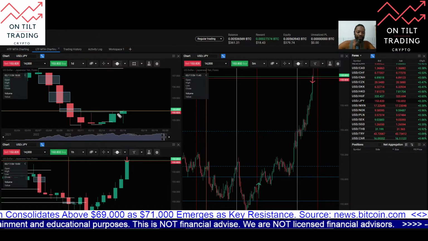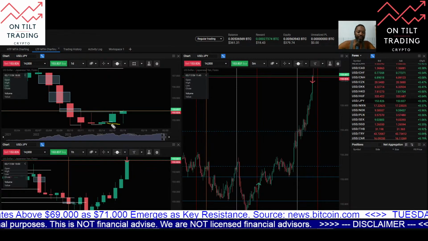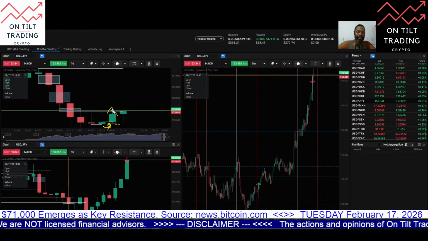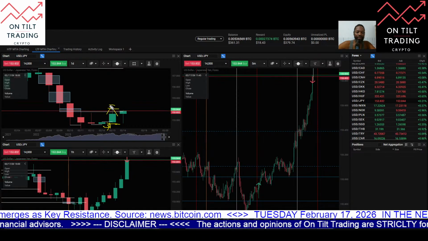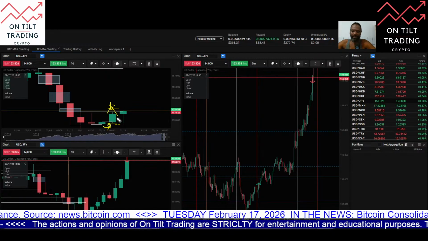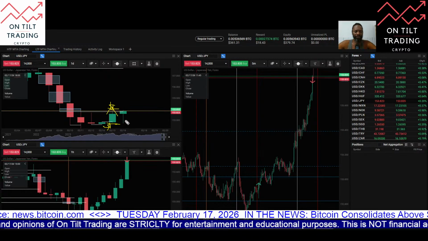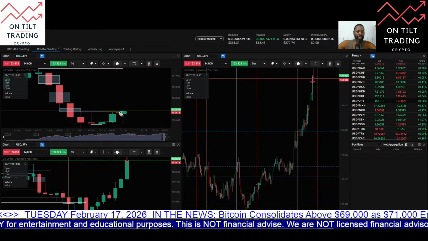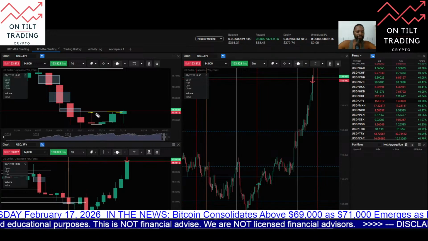And my target, since the sell side liquidity below this candle had been swept, was the buy side liquidity above yesterday's candle. And you can see that liquidity has been swept. That liquidity was also equal highs with a few days ago.